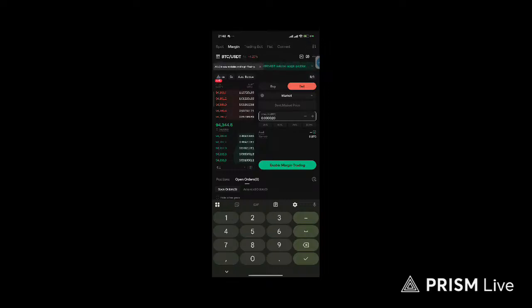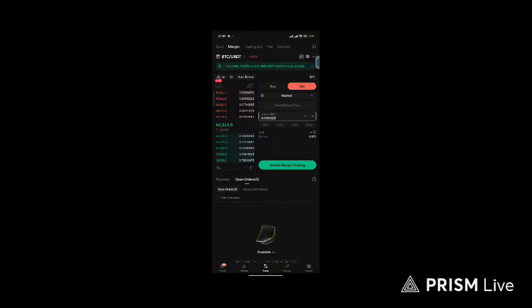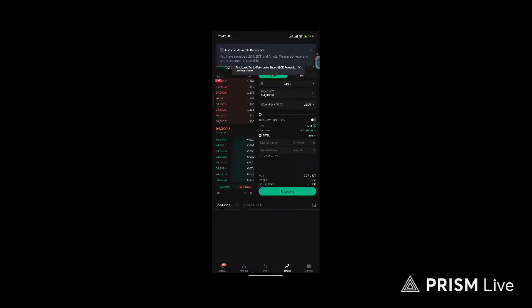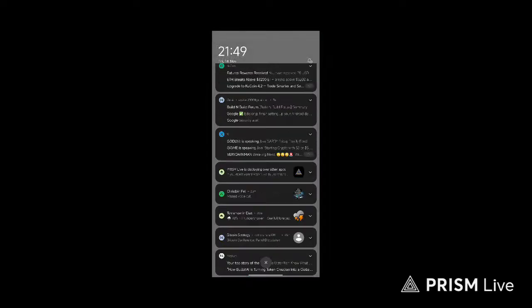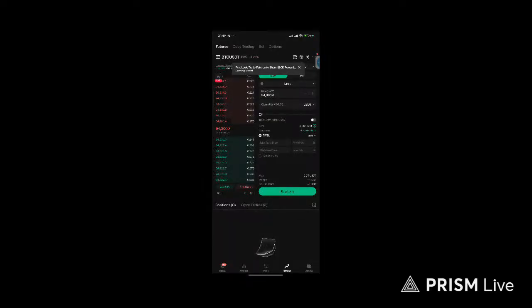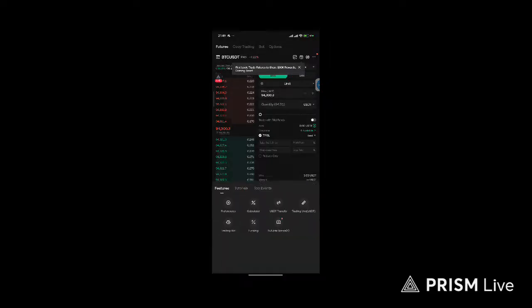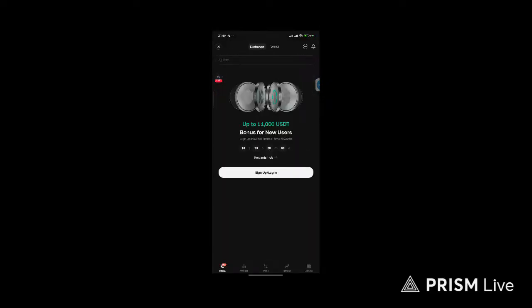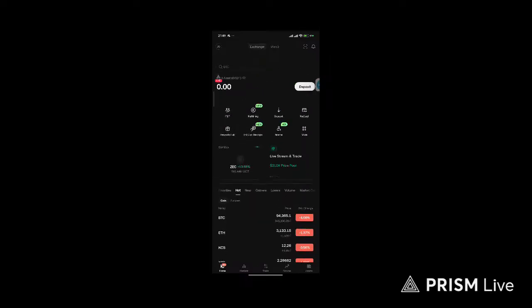It's because I don't have funding right now in my wallet, but if it is there, you can also check your funds. If you want to deposit in KuCoin, it's not hard. You just come to futures, that's margin trading, sorry. Alright, trial funds. So let me go and activate my trial funds.